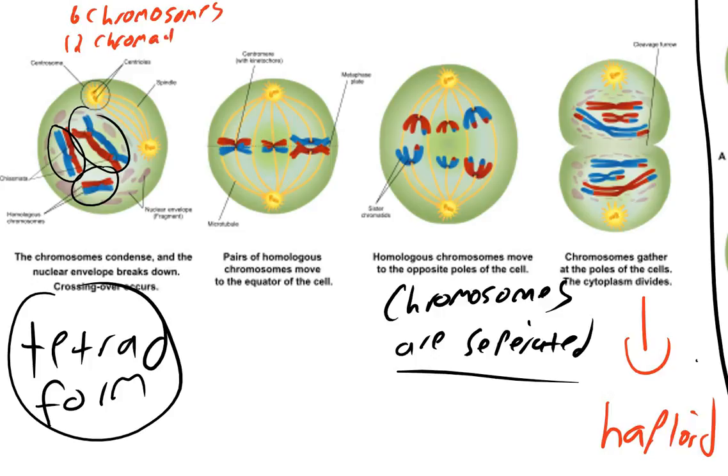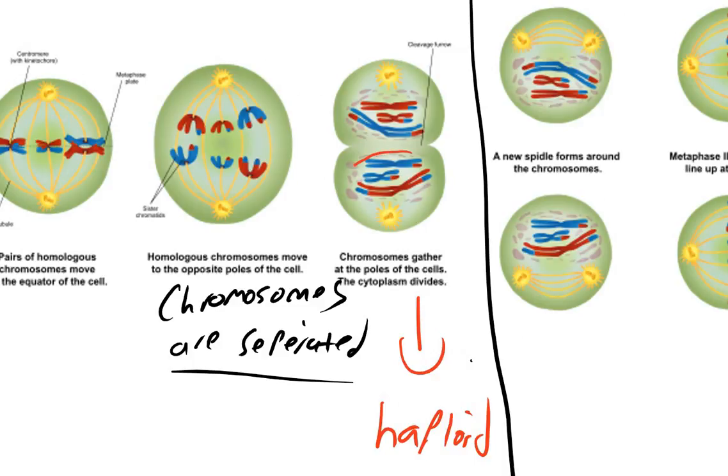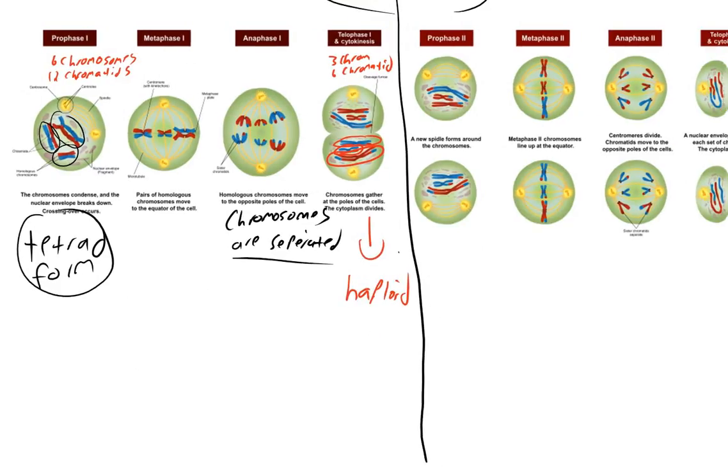And if you look here, there are 1 chromosome, 2 chromosomes, 3 chromosomes. There's only 3 chromosomes, but there's, let me write that down, 6 chromatids.